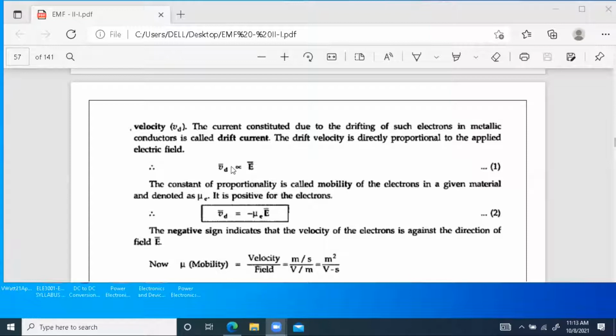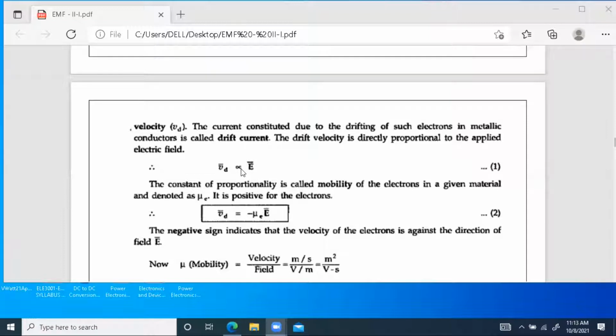If you have a direct relationship, you replace the proportionality sign with an equal sign and a constant. The constant here is called the mobility of the material.